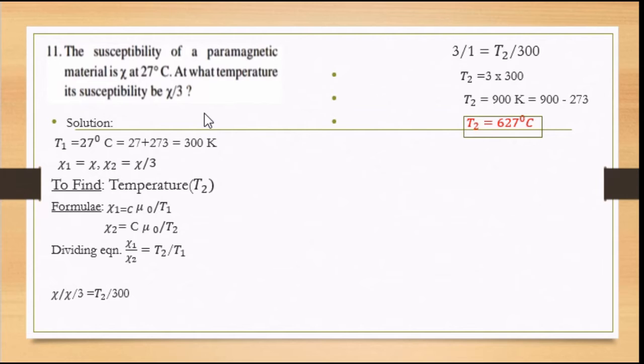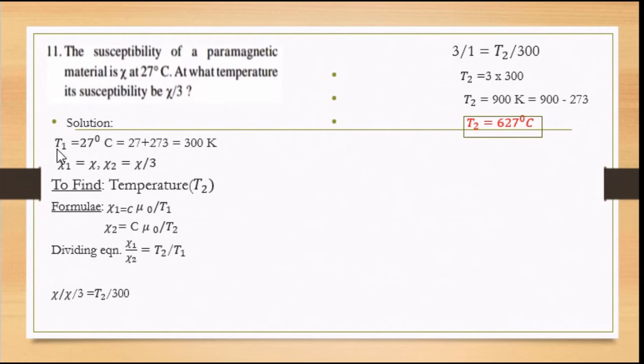It means that whenever the temperature is 27 degrees, the value of susceptibility is xi. Let us suppose the first temperature as T1, 27 degrees, then convert it into Kelvin by adding 273 degrees, it becomes 300 Kelvin.